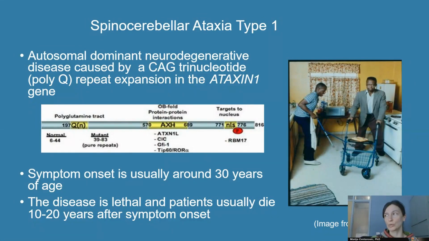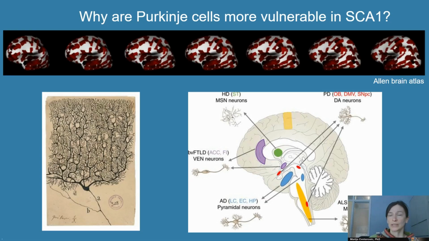You also have issues with swallowing and slurred speech, and then you progress to not being able to walk, so you're wheelchair bound, and have issues with the lungs, which you cannot protect. Patients usually die within 10 to 20 years of symptom onset. And as I mentioned, the Purkinje cells are the most vulnerable. Here is the beautiful image of Purkinje cells by Ramón y Cajal.